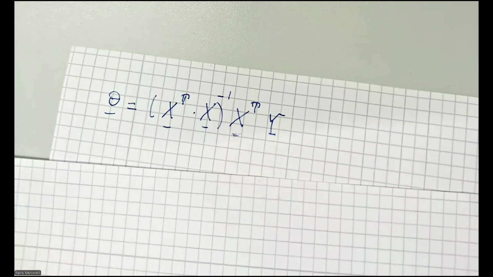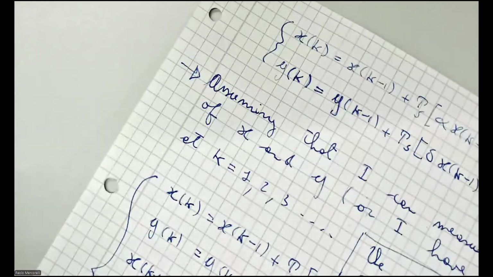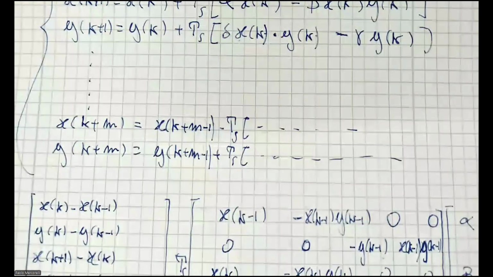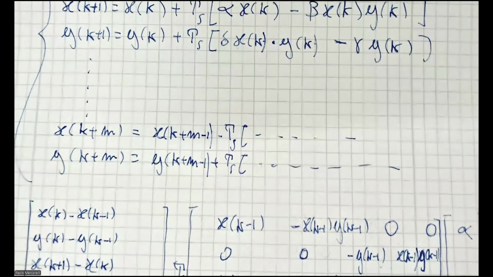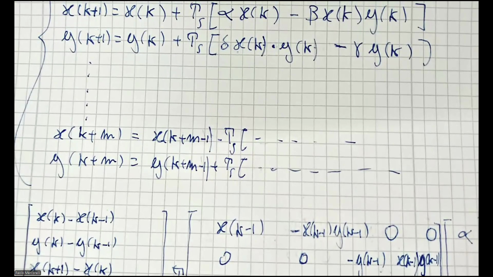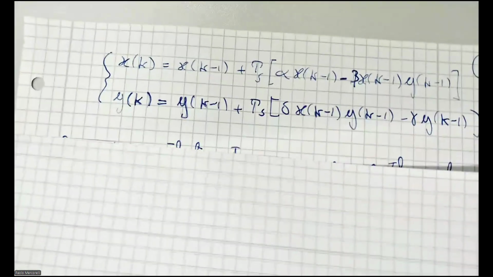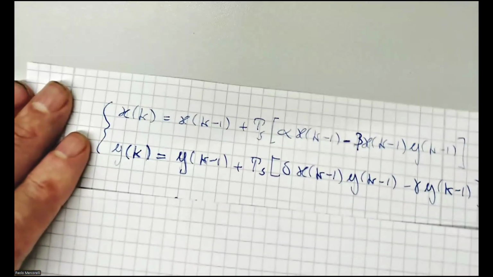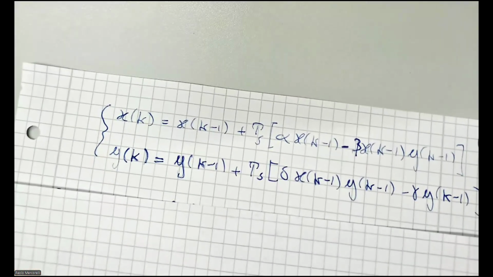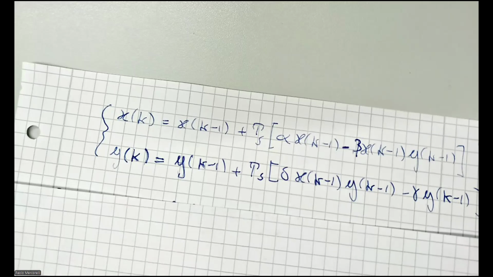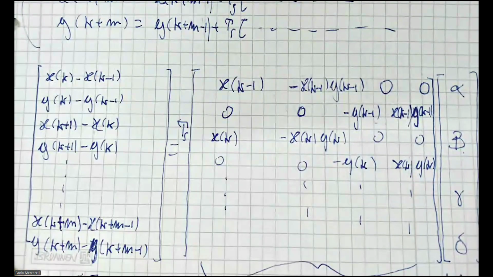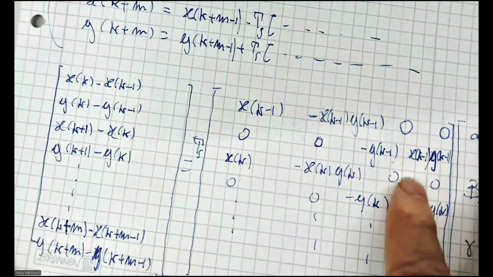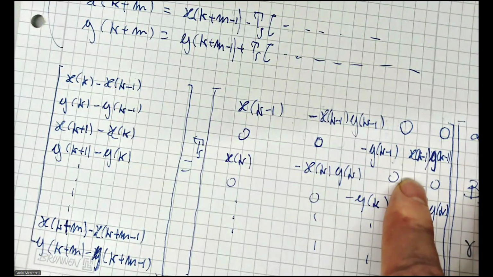Now, to conclude this part and to show you how we can use PSO in this context, it's not so difficult to think that, coming back to this form here, without putting it in this form, which we will see next week in the context of recursive least square.